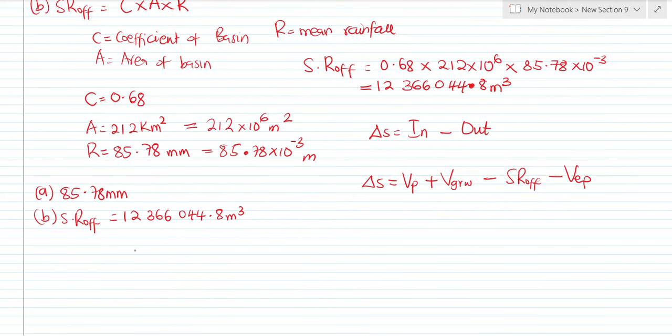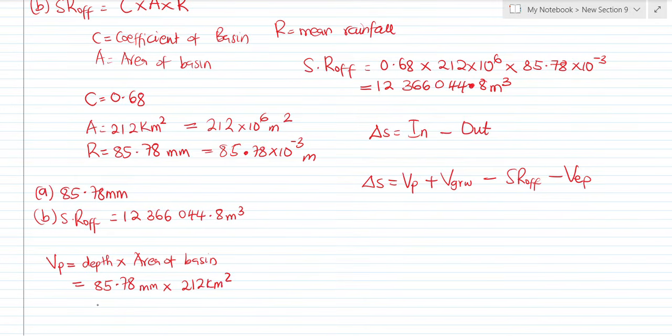First of all, we can find volume of precipitation, that is the volume of rainfall. Now we know the depth of rainfall, we can multiply the depth of rainfall by the area of the basin. So we have 85.78 millimeters, and the area of the basin is 212 kilometers squared.